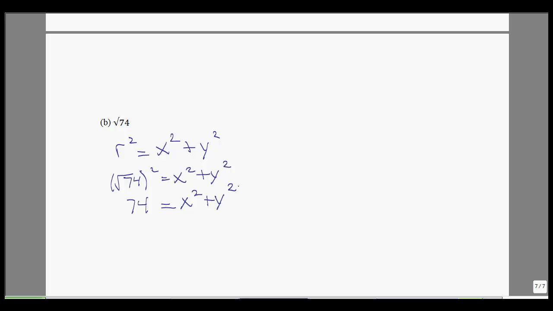At part B, very similar, we can deduce that from our Pythagorean theorem, r squared equals x squared plus y squared, plugging in for r root 74 squared equals x squared plus y squared, leaving us with the fact that 74 equals x squared plus y squared, and hence we need to find two numbers whose squares sum to 74.